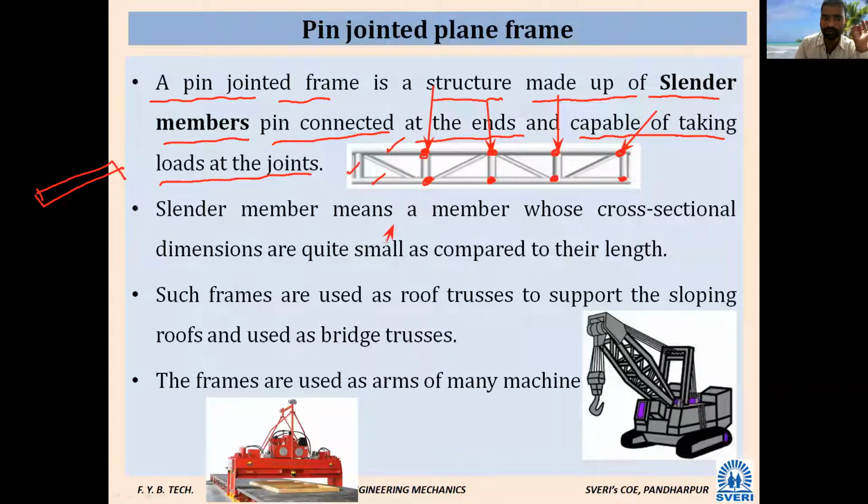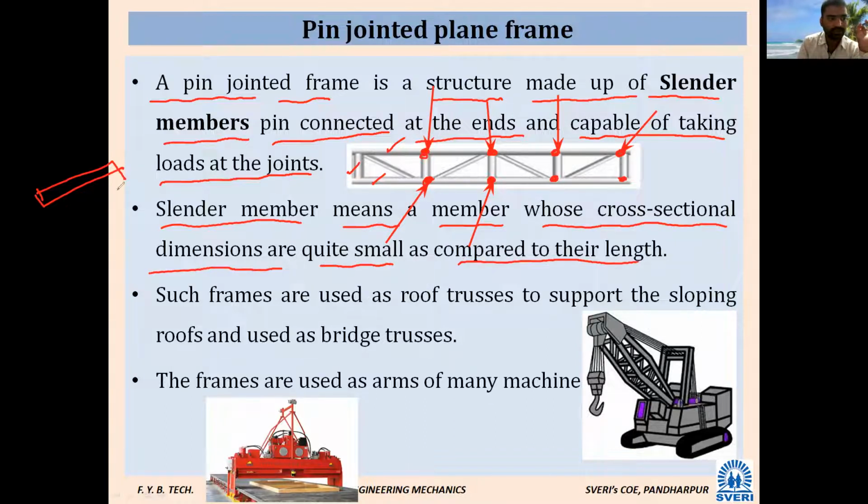Slender members means members whose cross-sectional dimensions are quite small as compared to their length. I have already said, length is very large as compared to its cross-sectional dimensions.